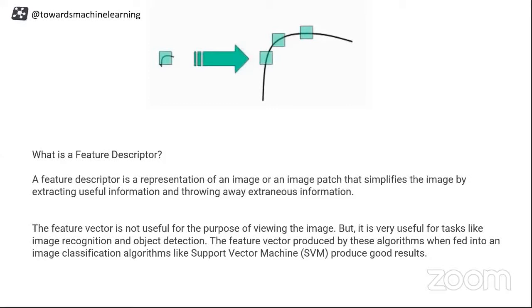We'll feed this feature vector to SVM, which is abbreviated as support vector machine. And the support vector machine will tell us what this object is. Is it the same object? Is it a dog? Is it a cat? That will be managed with the support vector machine. But the feature descriptor will find the important features out of whichever image is fed to it.